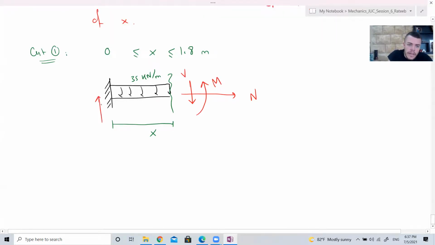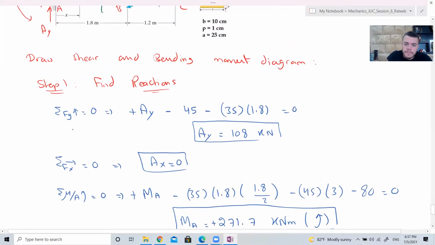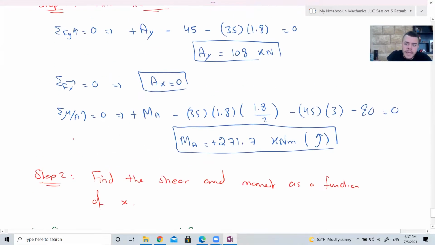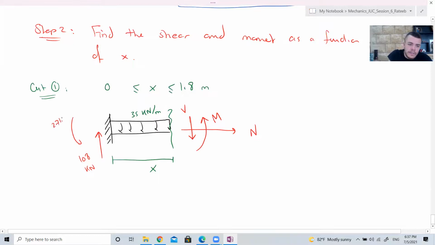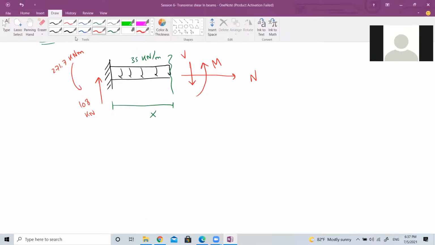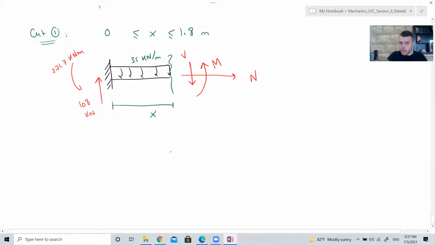Here you have AY, which is 108 kilonewton, and MA, which is 271.7 kilonewton meter. Do you agree with this? Yes, doctor.